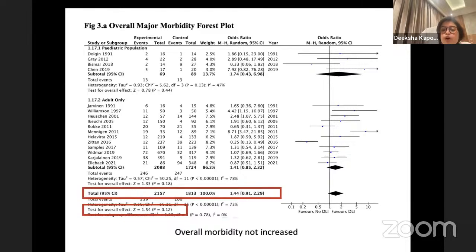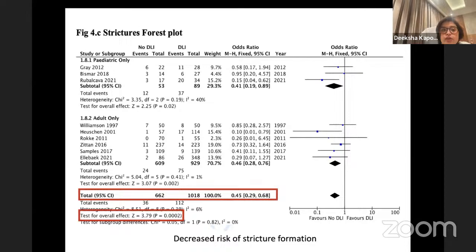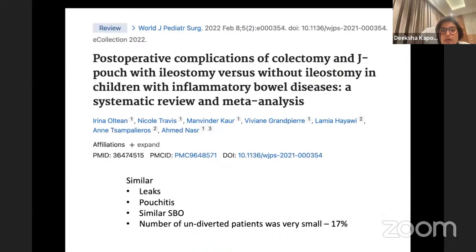But the overall morbidity was not increased, nor was the rate of anastomotic leaks. So this was not found statistically significant on this meta-analysis. But there was a benefit in the rate of bowel obstruction in the long-term outcomes and a benefit in the incidence of anastomotic strictures in the long-term outcomes.